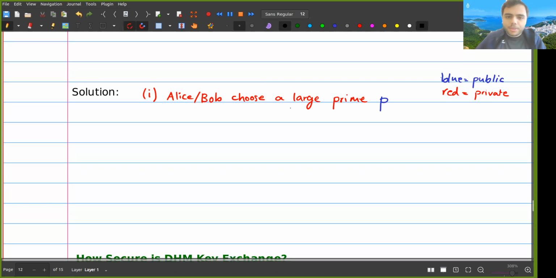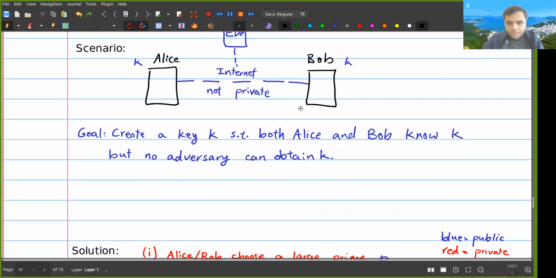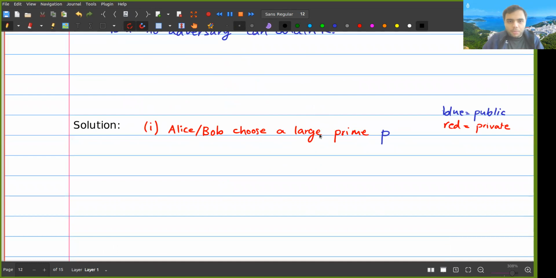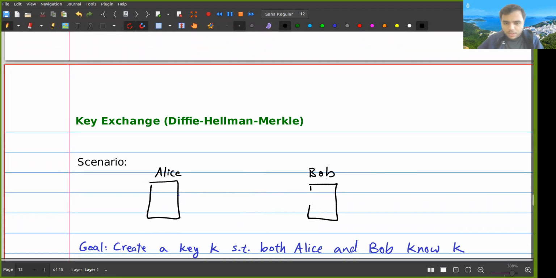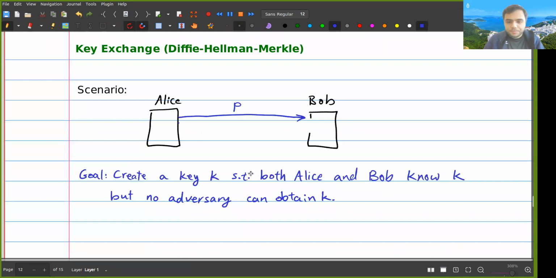So in the first step, they just choose a large prime, and this prime is actually going to be public. So let me just erase this. Erase these as well. So let's say that Alice sends over this prime number P to Bob. And of course, because we sent it over the internet, over this non-private channel, we can assume that the adversary also knows about P. Okay?